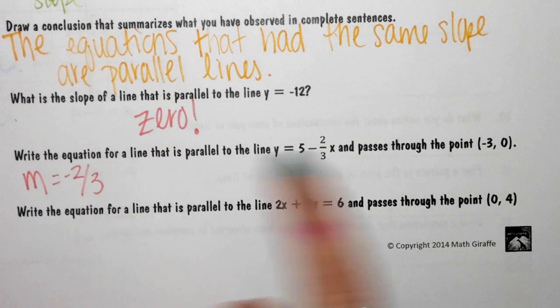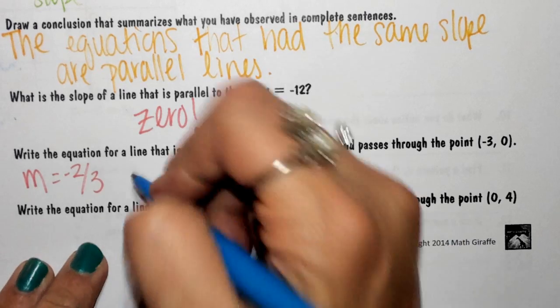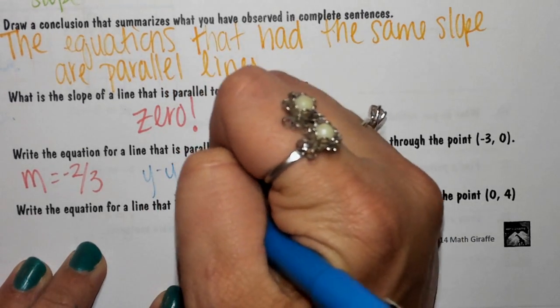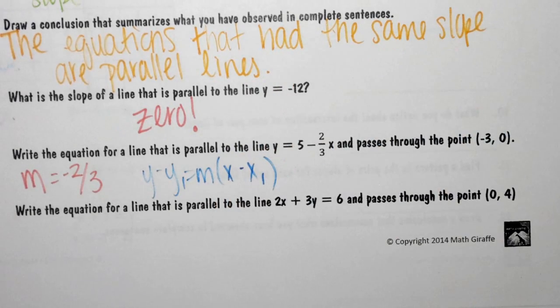Now, we have a slope and we have a point. What form can we write that in? Point slope form? And what is point slope form? Oh, it's like we've learned something. I'm so proud of y'all. Take a point if you said it or started to say it. You did not.